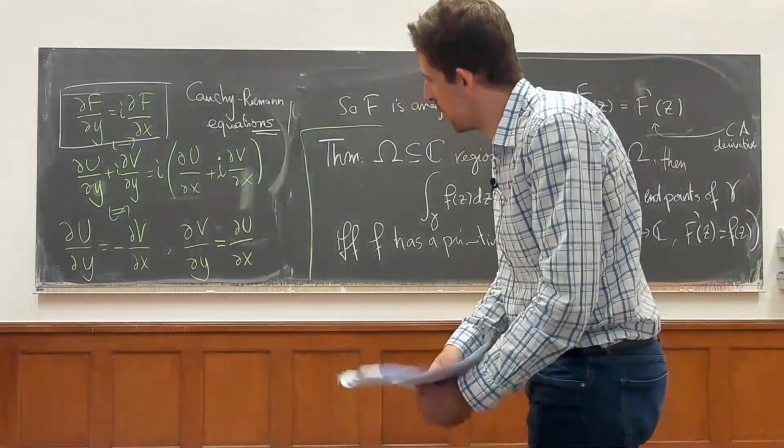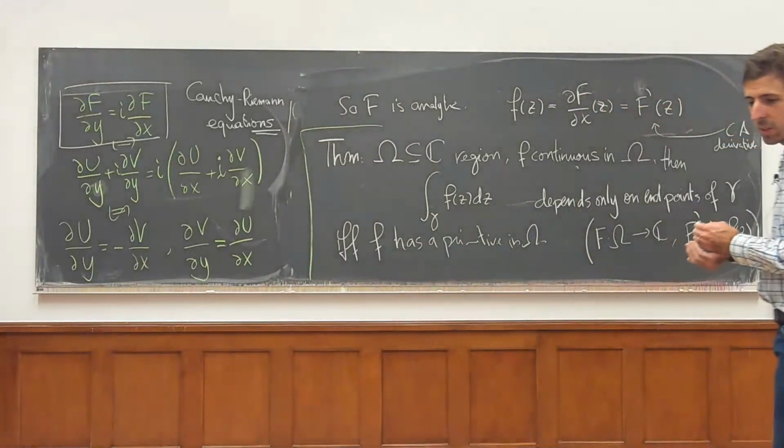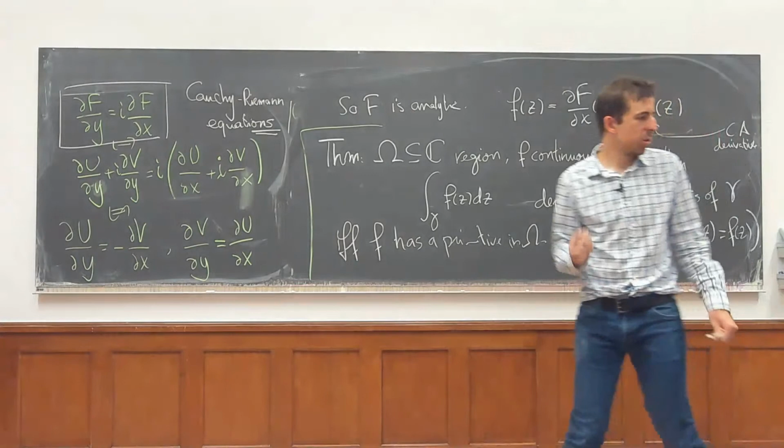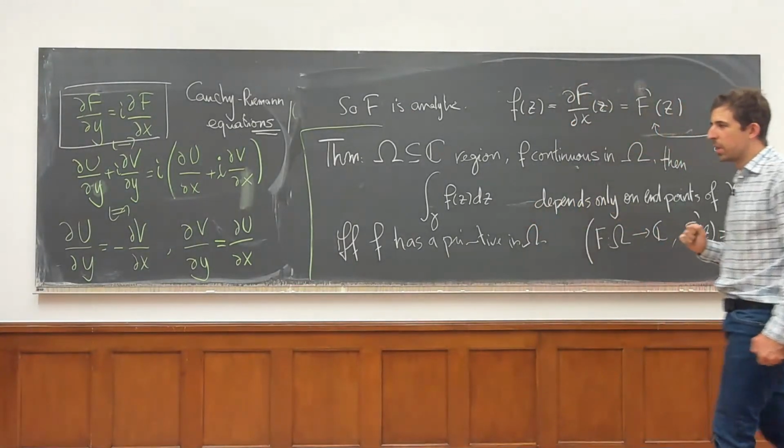Okay, so now there's two things we can do. We can see an example. Maybe I don't have time. I want to show you already now a cool application of this.